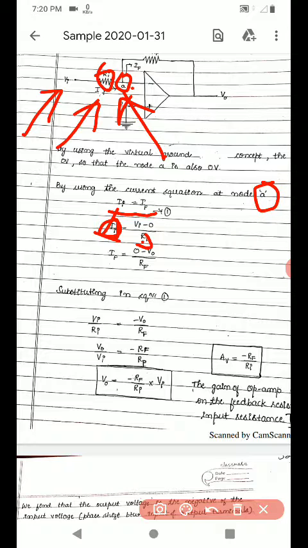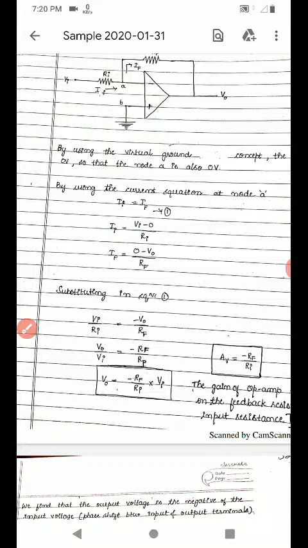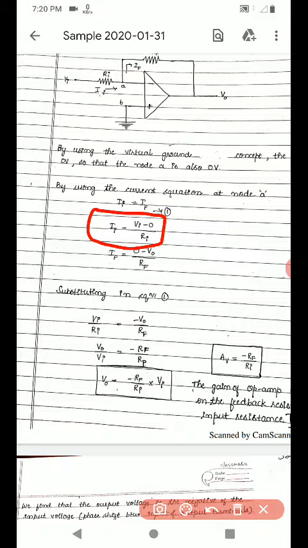But by the virtual ground concept, Va and Vb are the same. If Vb is grounded, that is 0, obviously Va is also 0. Hence I can write II equals Vi minus 0 divided by Ri. Similarly, IF equals 0 minus V0 divided by Rf.